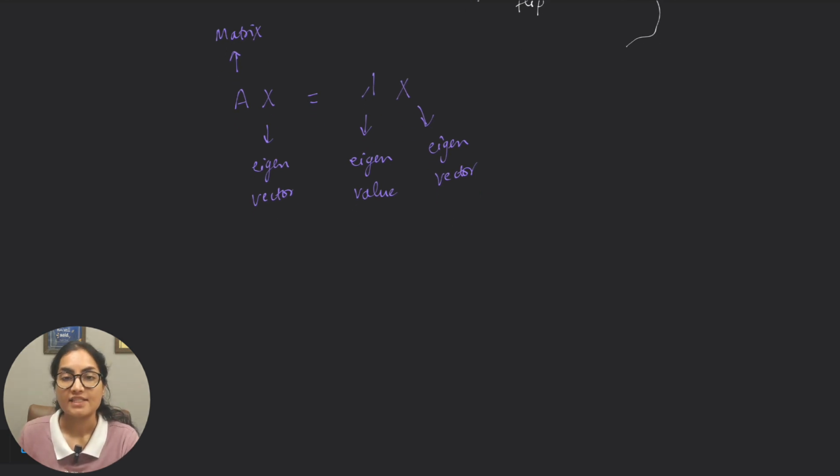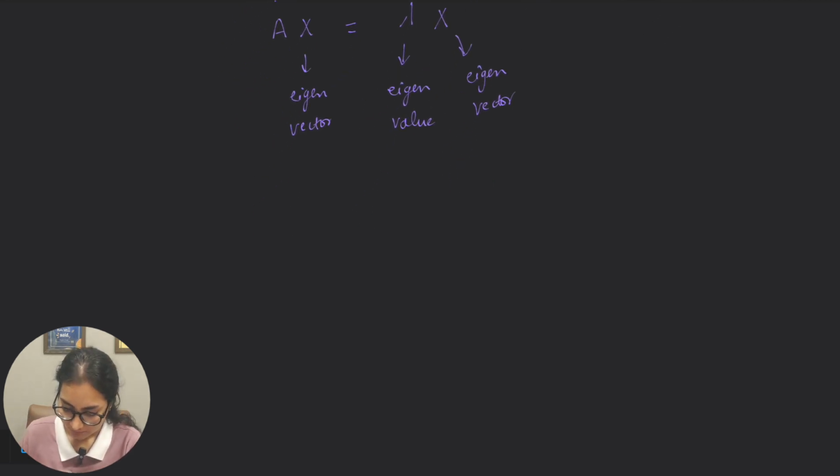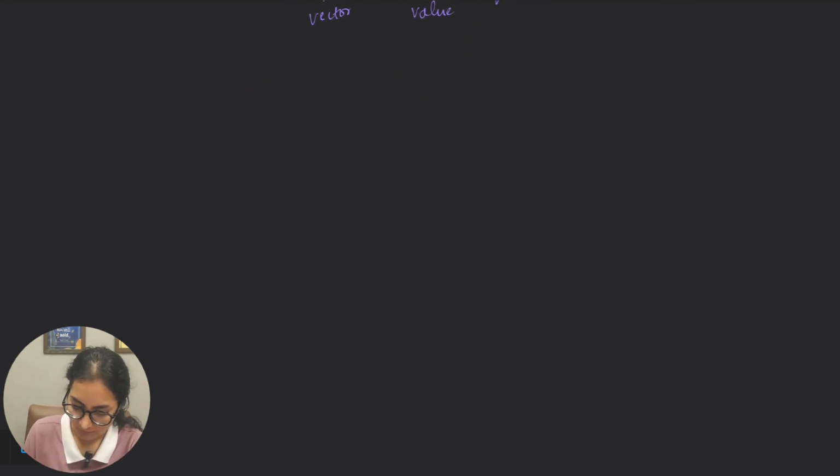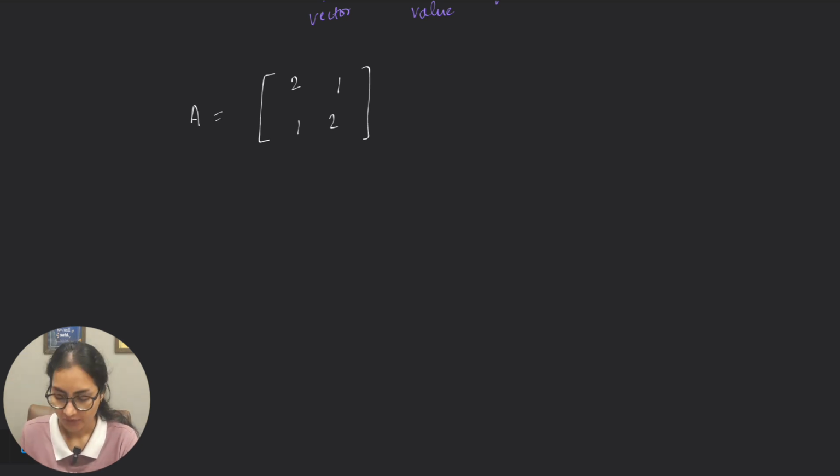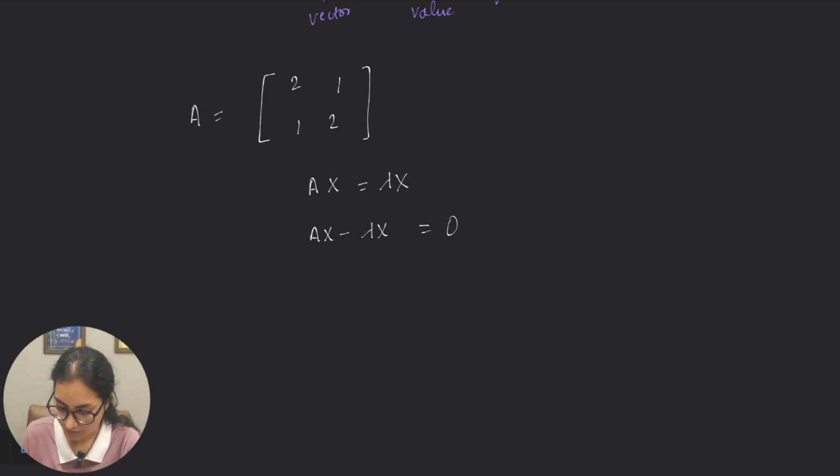So let's take an example of a 2 cross 2 matrix. This is a 2 cross 2 matrix A. Let's calculate its eigenvalues first. I have this equation. Let's take lambda x to this side, and this will become 0, not as a number, it's a null matrix.